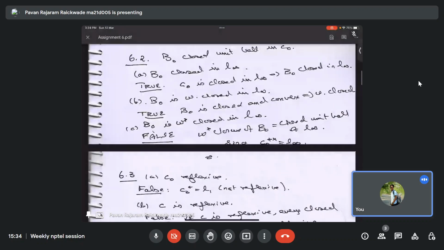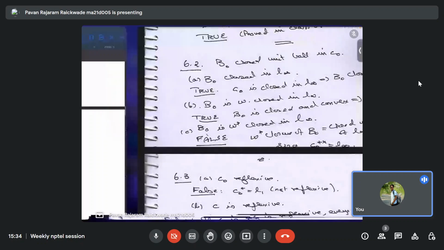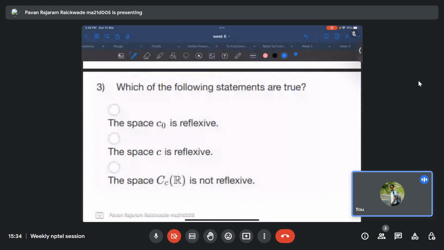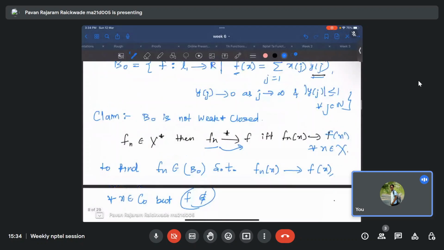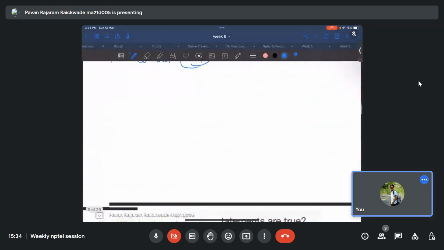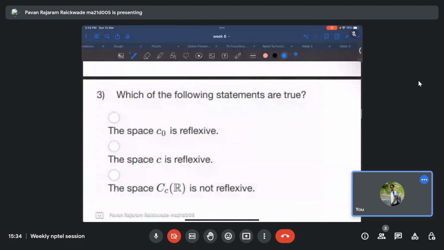Okay, there is no counterexample given. I'll provide the counterexample in the notes later when I upload these notes. So just as an answer, that space B naught is not weak star closed. There's a big theory involved there, but I'll give a simple counterexample in the notes.